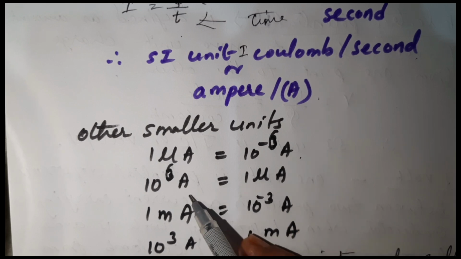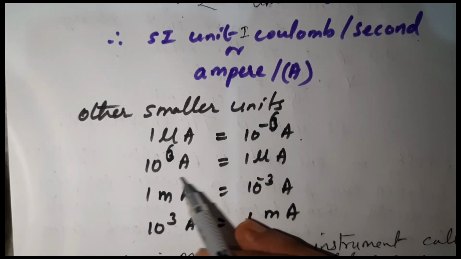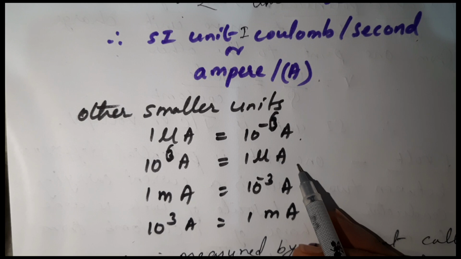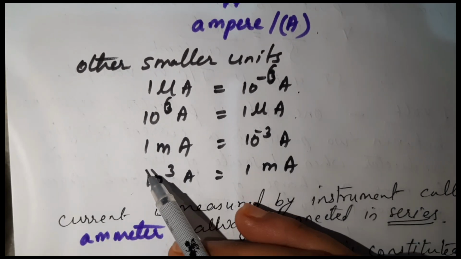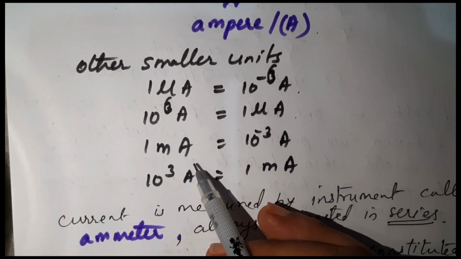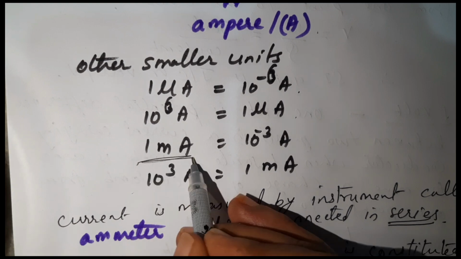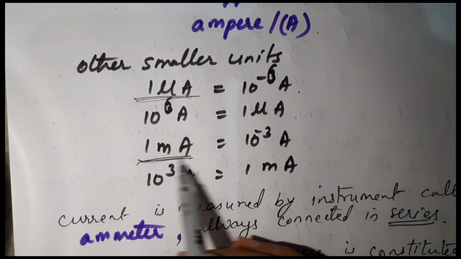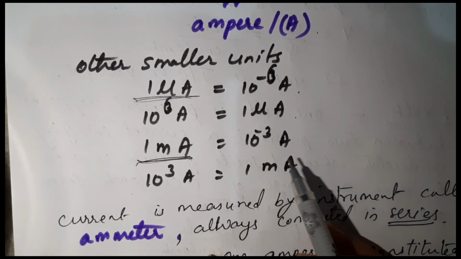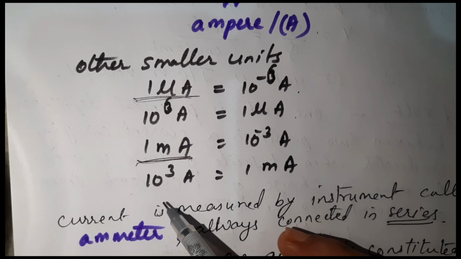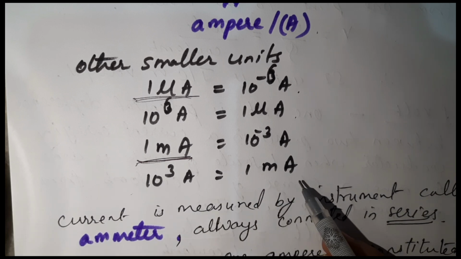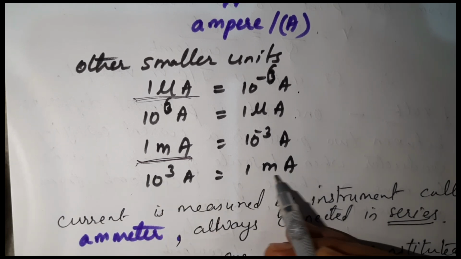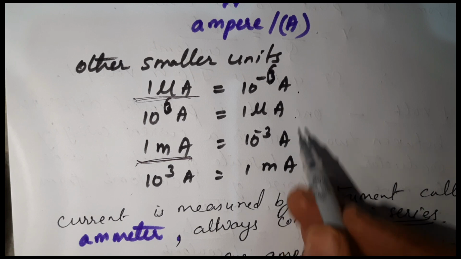If we start from ampere, we need to write 10 raised to 6 microampere is 1 ampere. Another smaller unit is milliampere. 1 milliampere is 10 raised to minus 3 ampere, or 10 raised to 3 milliampere is 1 ampere. So these are the relations.